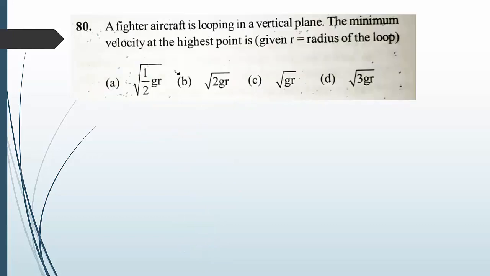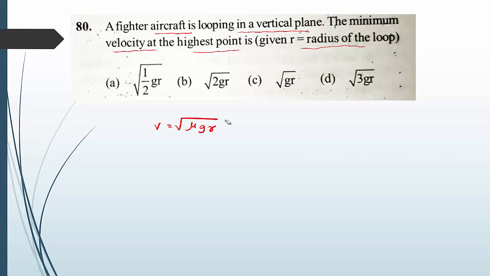80th question. A fighter aircraft is looping in vertical plane. The minimum velocity at highest point is, r is radius of the loop. So remember, for vertical plane minimum velocity at the highest peak, generally we should use the formula v equal to square root of mu g r. This is our formula.